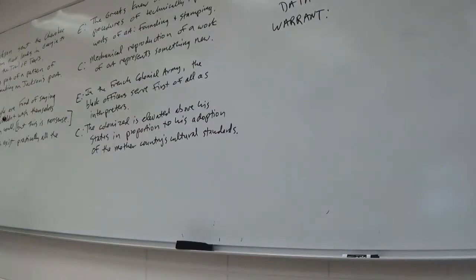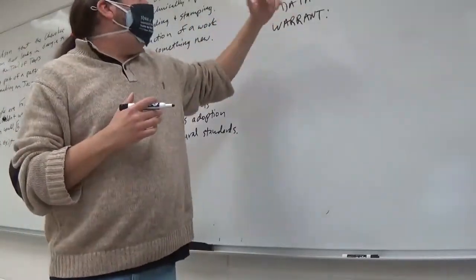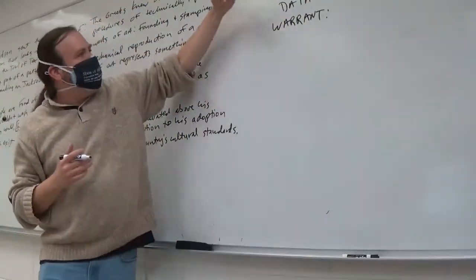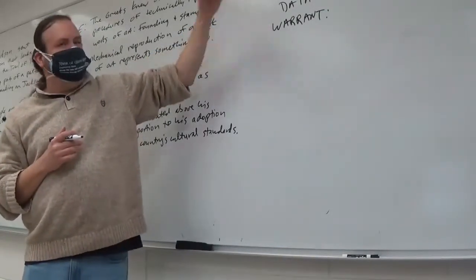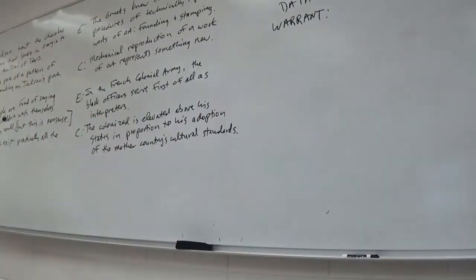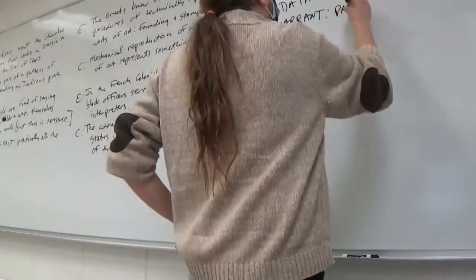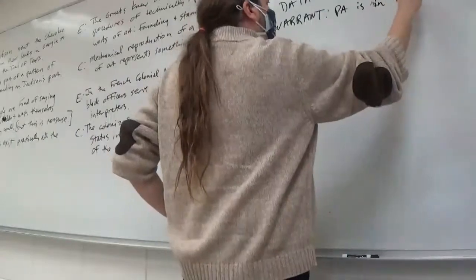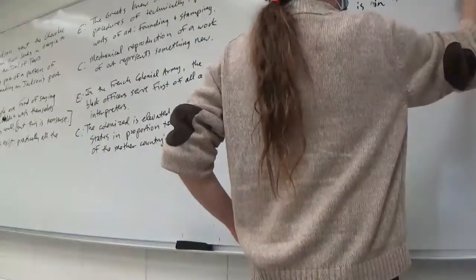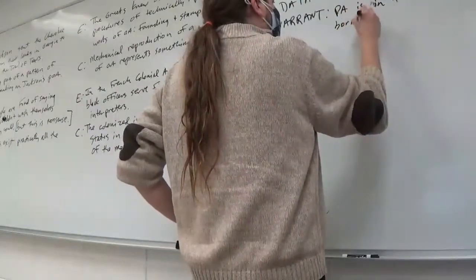And the warrant is that logical link between the data and the claim. So why am I able to make this claim based on this piece of data? Why can I say that I'm a US citizen because I was born in Pennsylvania? Is it part of the US? Yeah, because Pennsylvania is in the United States. And anyone born on US soil is a citizen, right?